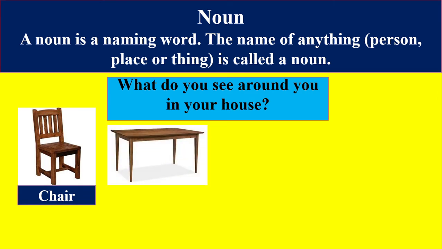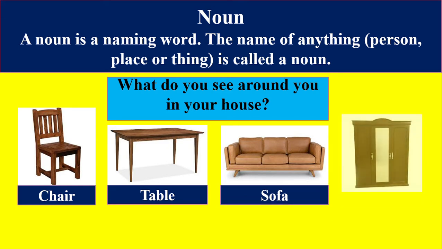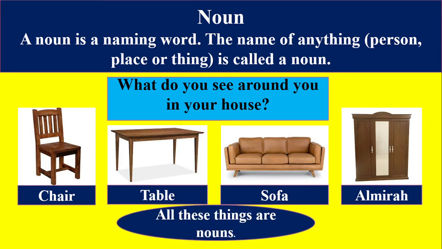And this one, yes, it's a table. And this one, you also see this, and this one is a sofa. And the last one is an almirah. So all these things are nouns because they are the names of these things. Okay.